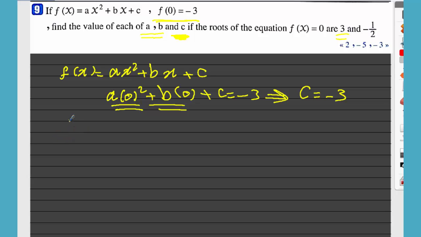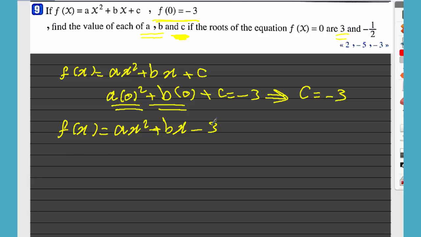So the new function f of x will be ax squared plus bx minus 3, right? But we have f of x equals 0 when x equals 3 and x equals negative half.